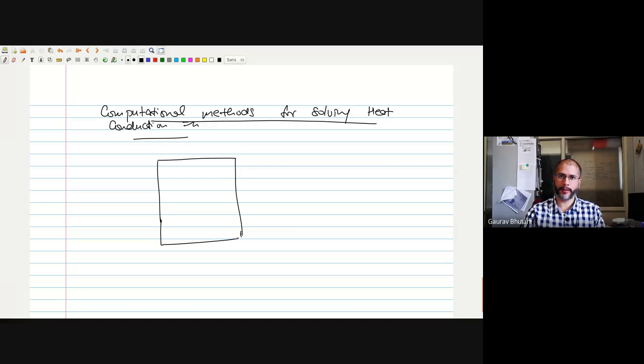Ultimately the solution we got, theta as a function of x and y, is valid: you put in the values of x and y, and you get the value of theta.